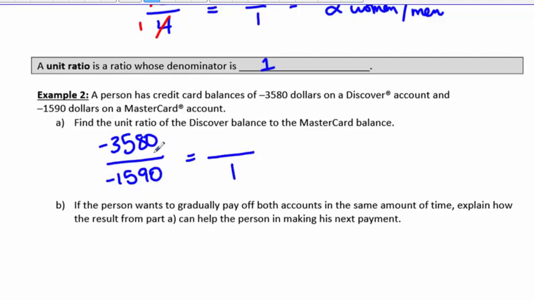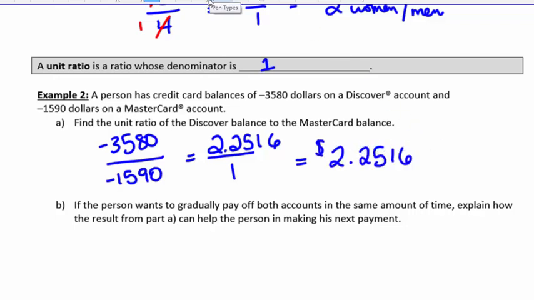So I need to divide 3,580 by 1,590. With two negatives, that's going to give me a positive, and it does give me the decimal value about 2.2516.